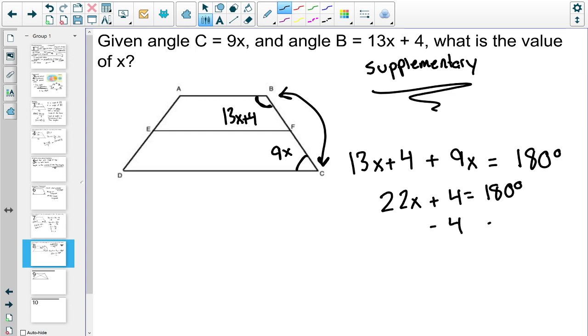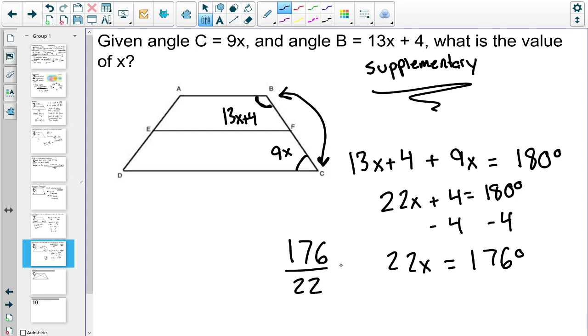We subtract our 4 from both sides. Leaves us with 176 degrees. And just some quick mental calculations or calculator, whatever you use here, you'll learn that 176 over 22 is going to equal your x. Well, that simplifies down to 8.